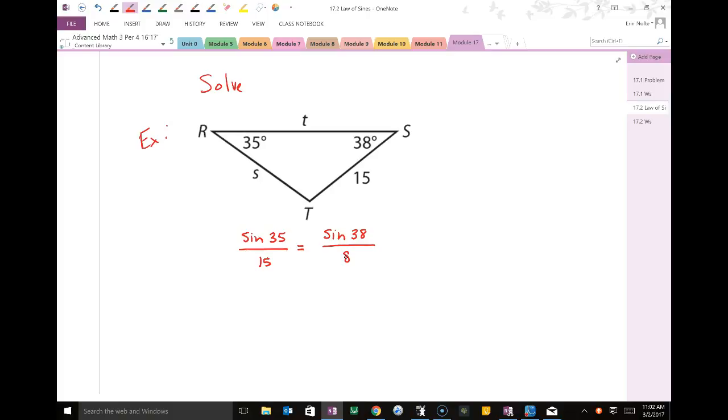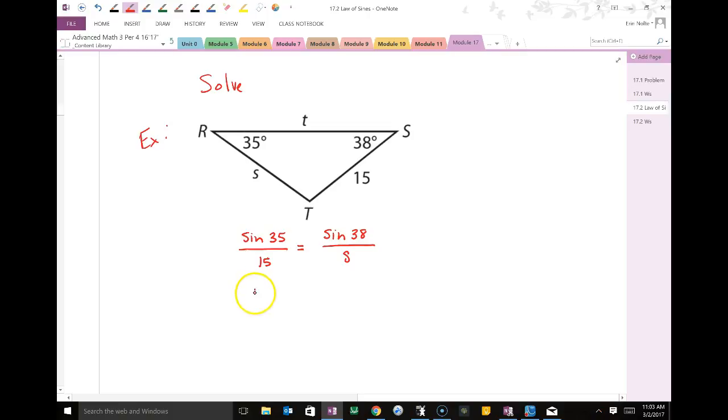How would you solve that equation? I've got a proportion. How do you solve proportions? You cross multiply. What two things are we going to multiply times each other?